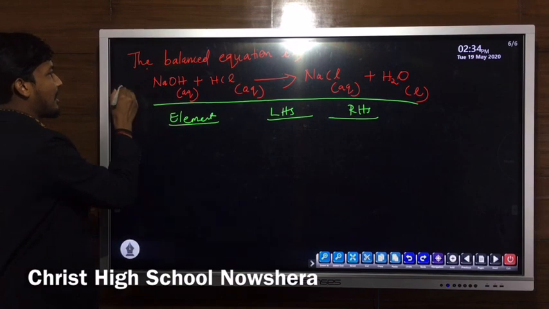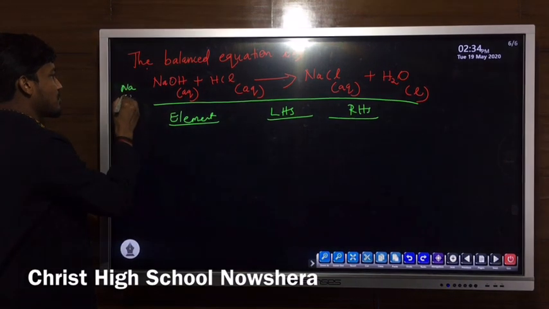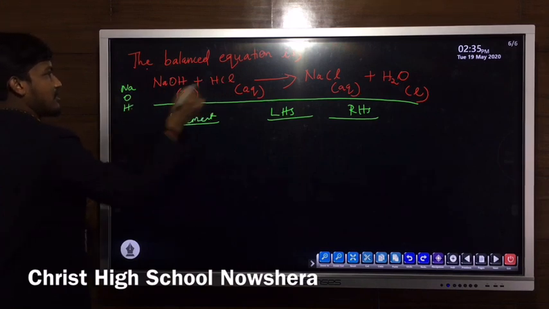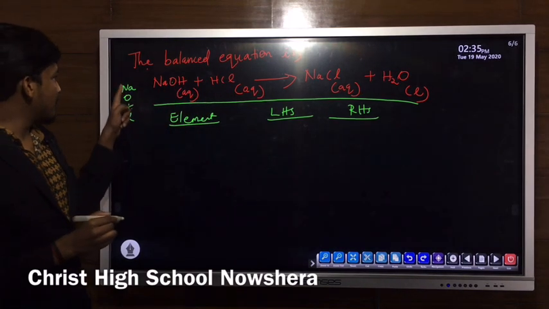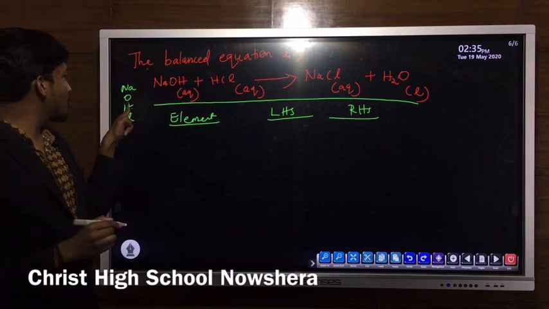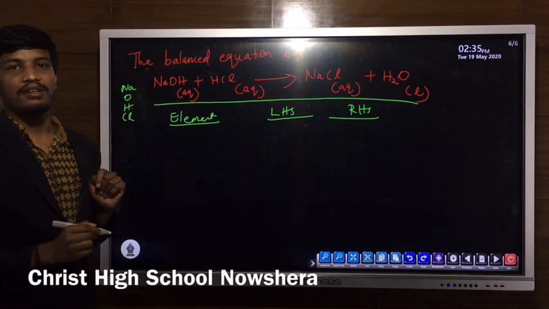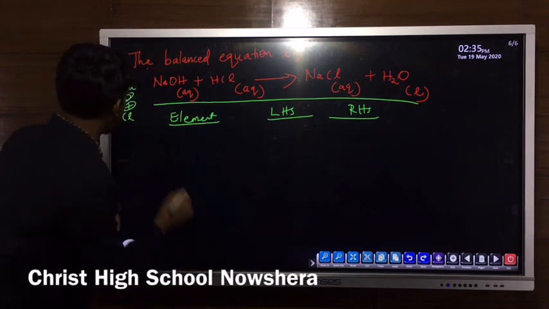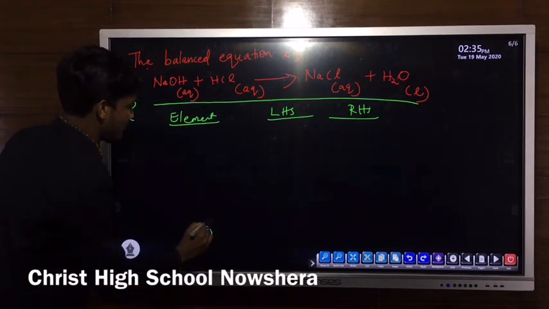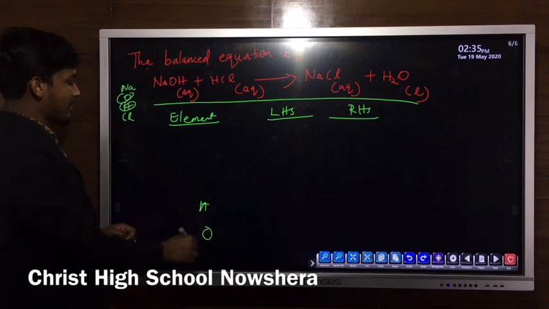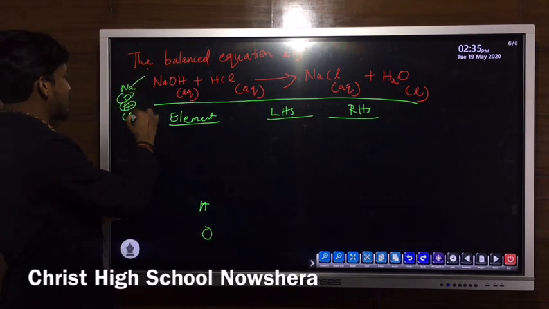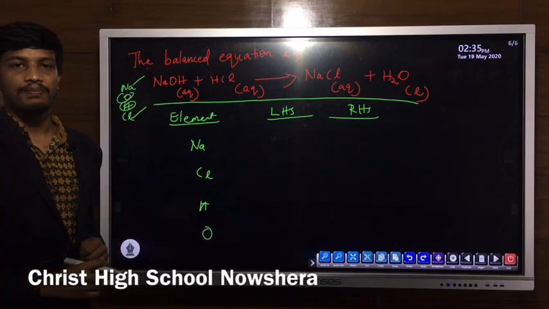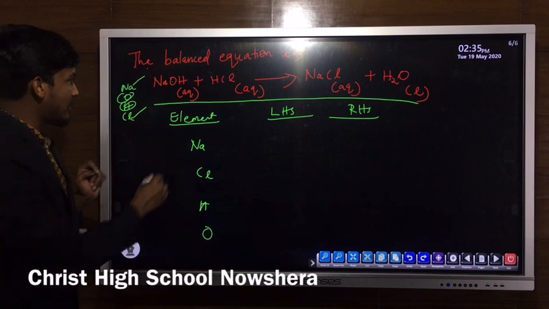From NaOH we have Na, O, H, then from HCl, H and Cl. So these are the elements: Na, O, H and Cl. If there are O and H, we will handle them in the last step. Other than these, we have Na and Cl. First, we will count the number of Na atoms.